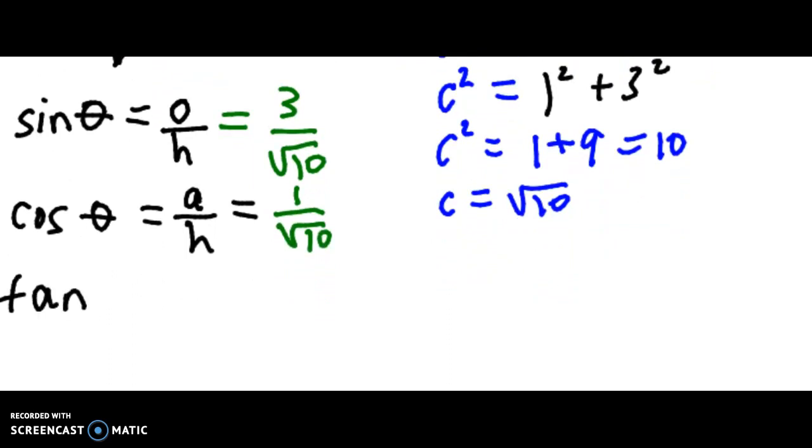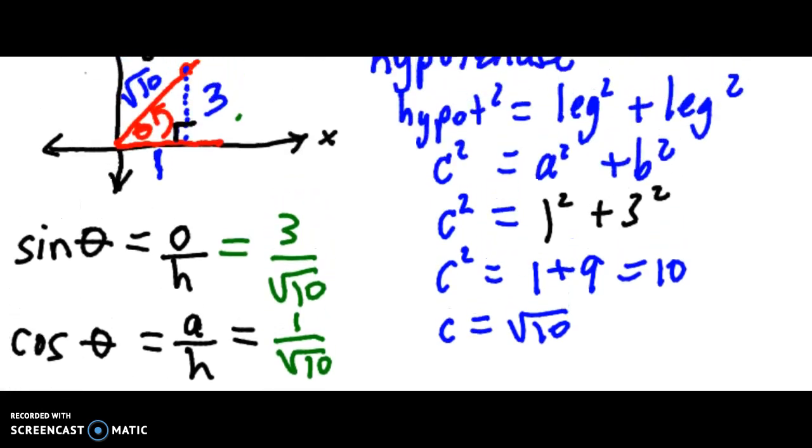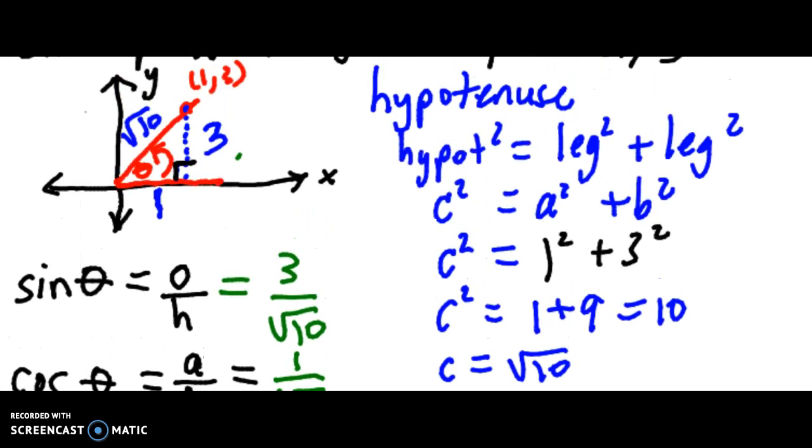Tangent is Apples, opposite over adjacent. I'm going to scroll back up so we can see the drawing. And this, again, is on page 5 of your notes. So if we want to find the tangent, again, we're doing opposite over adjacent.